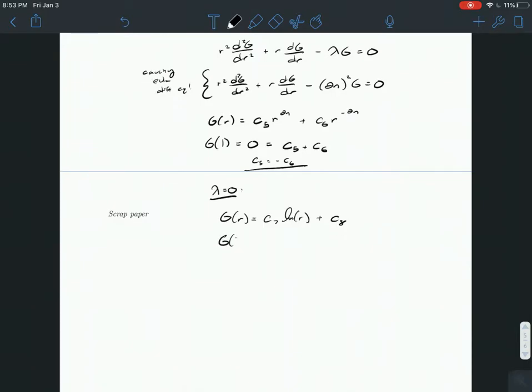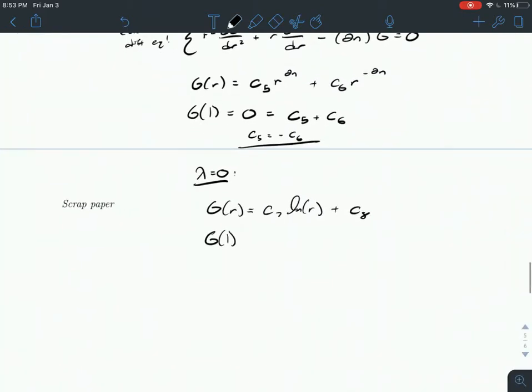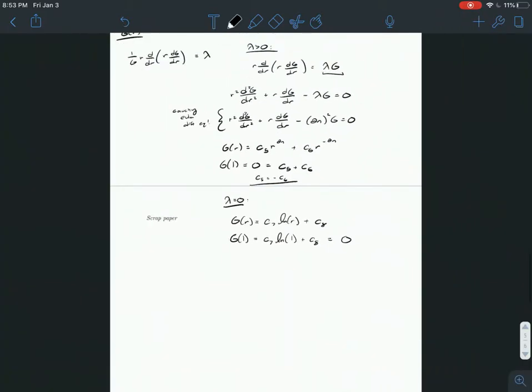Okay. Once again, when we apply this boundary condition, remember that we do not contain the center of the circle. So don't just automatically drop the natural log term. I've noticed a lot of students do this incidentally just out of force of habit, but in these annulus problems, you have to be very careful about what you're choosing to eliminate. So at g of 1, C7 natural log 1 plus C8 is equal to 0.